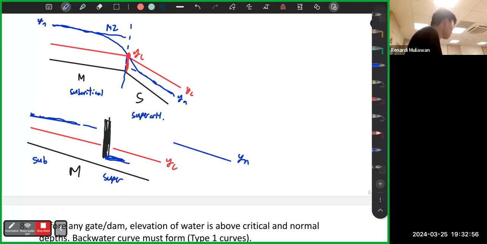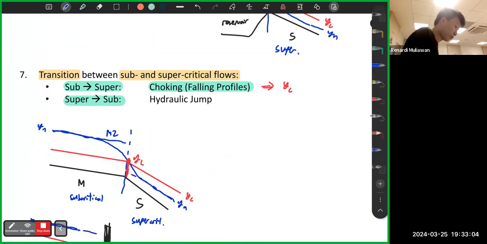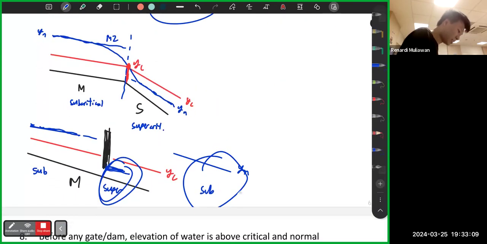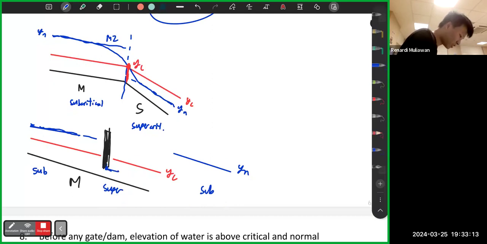Now there's a supercritical flow here and subcritical flow there. To transition from super to subcritical is what we call the hydraulic jump. This one starts very low, so it must go up first. So this one is M3.